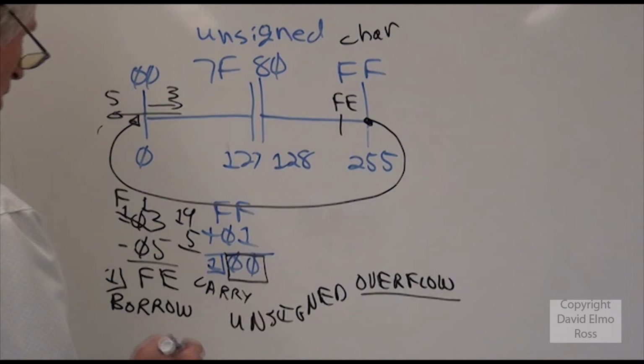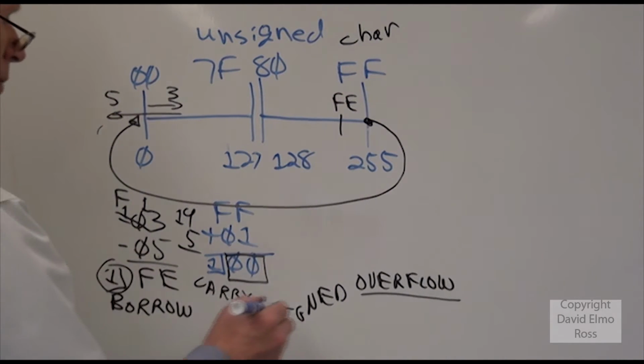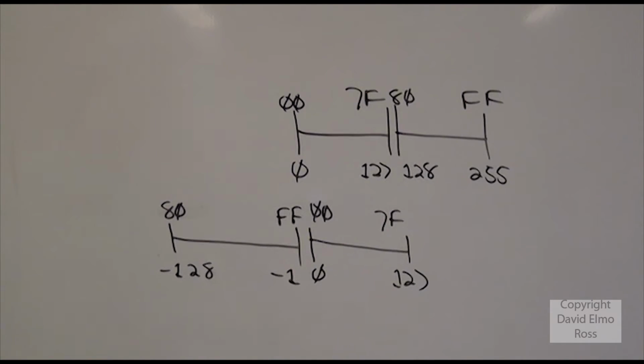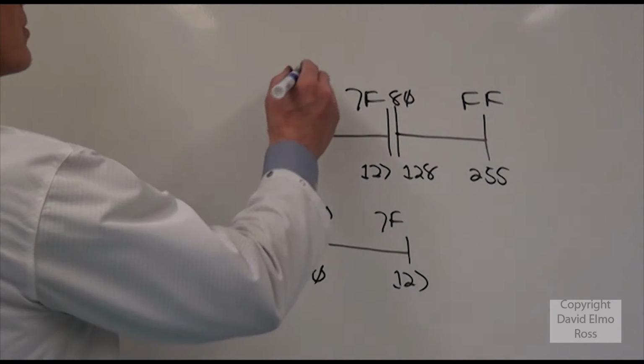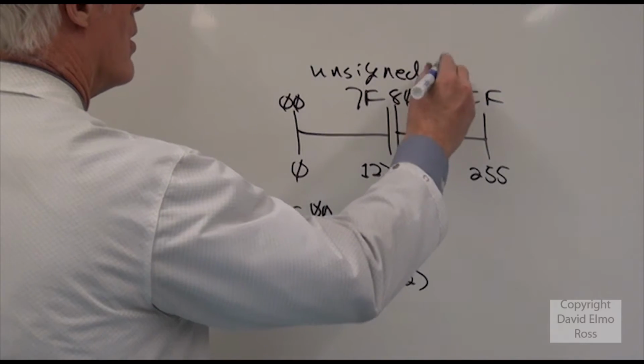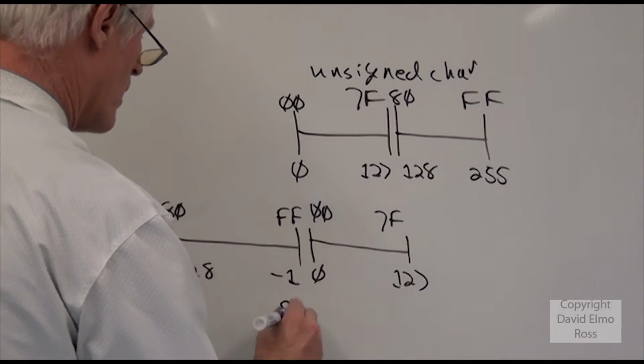So every time you see C equals 1, and that's what you're going to see in here, whether you do a carry or borrow, that means you have an unsigned overflow. Now, what we saw before is we have a calculation. This is our unsigned char. This is our signed char.